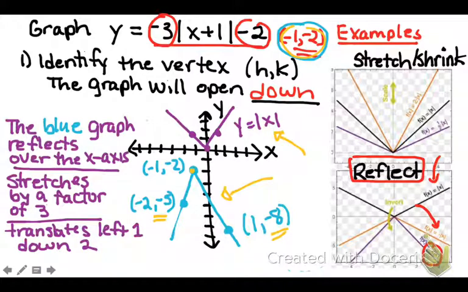So the blue graph reflects over the x-axis, and that's because we had a negative. It stretches by a factor of 3 because the absolute value of negative 3 is 3, and it translates left 1 and down 2 because of my h and my k.